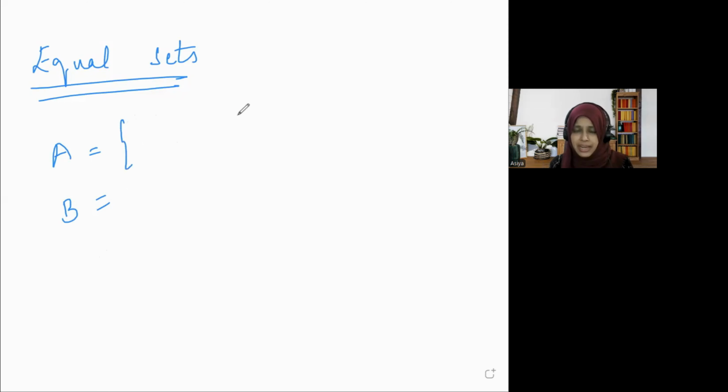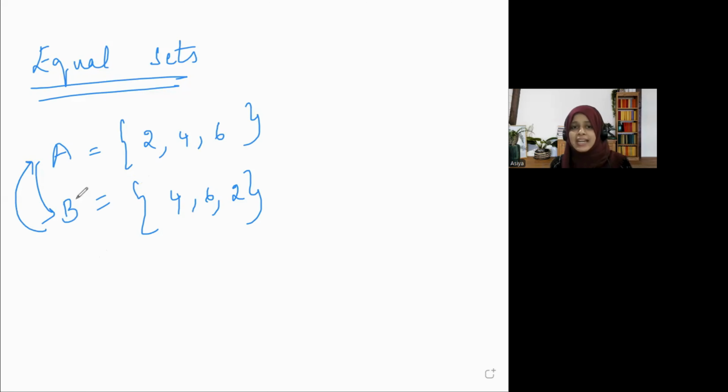Now, if the elements of set A are present in set B, now let us see what are the elements that we have in set B. This. And the elements of set B are present in set A, then such sets are called equal sets.